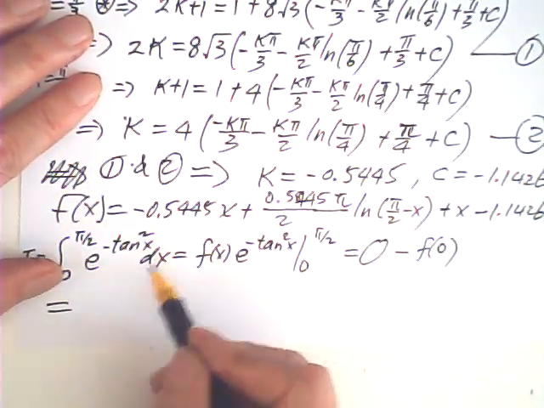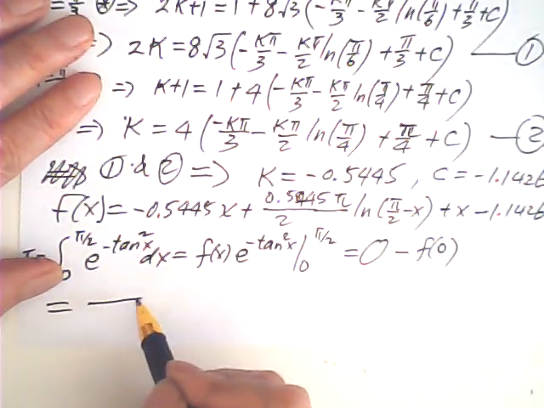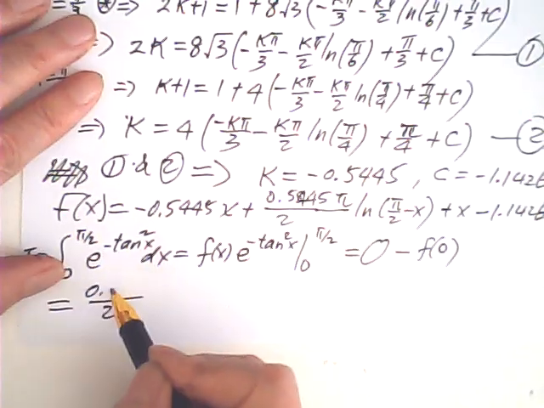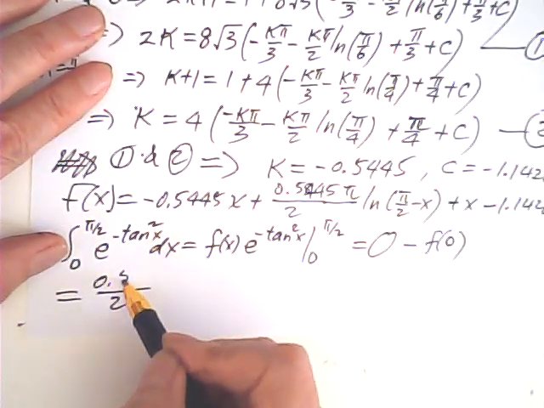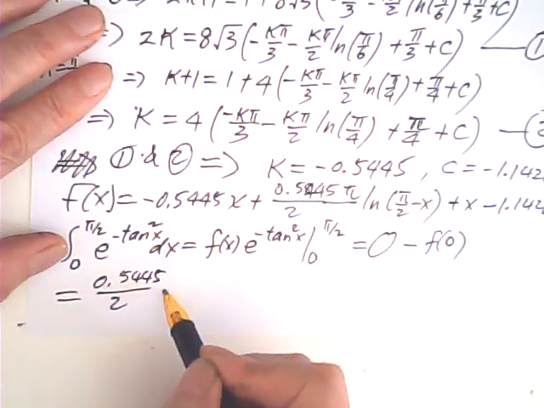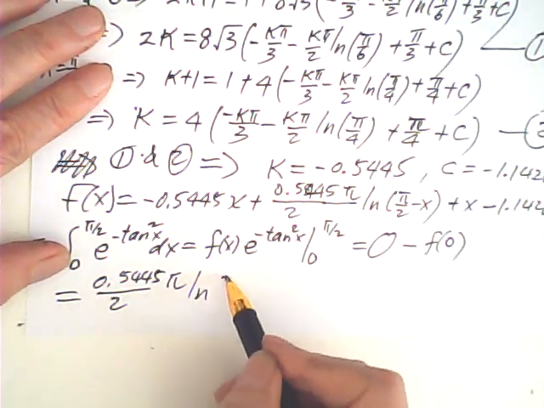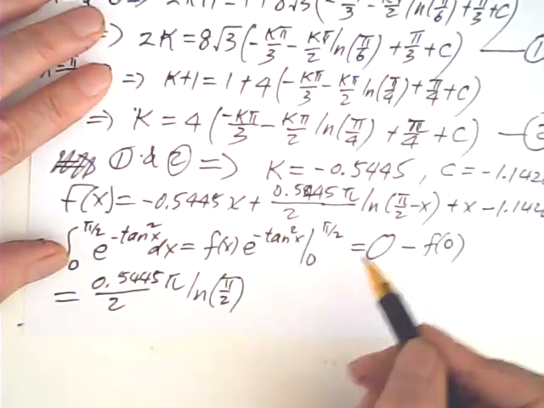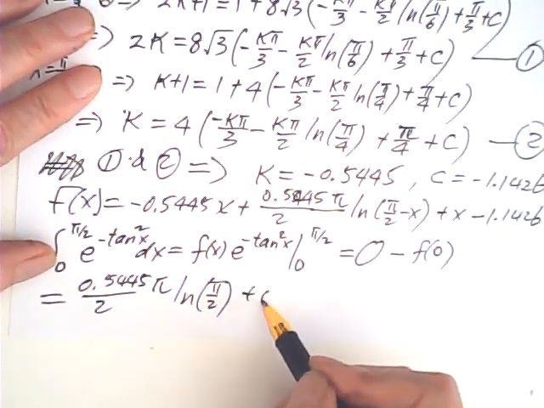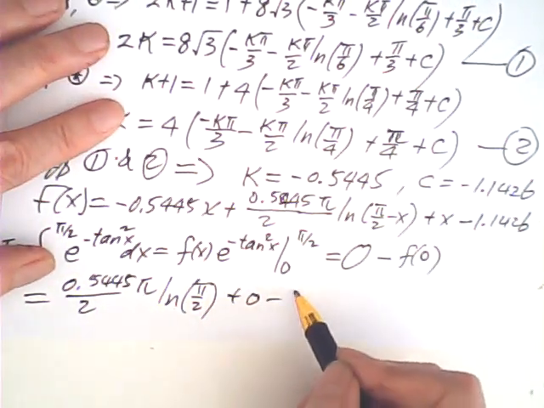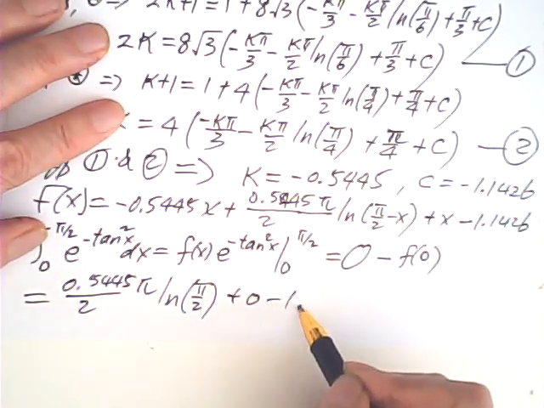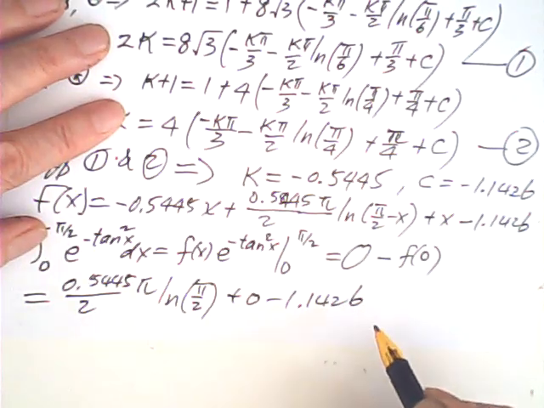So this is 0.5445 pi log pi, because x equal to 0, plus 0 minus 1.1426.